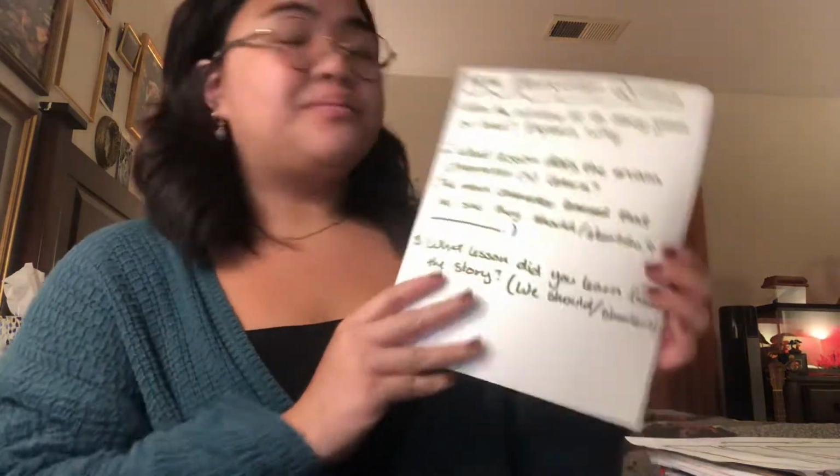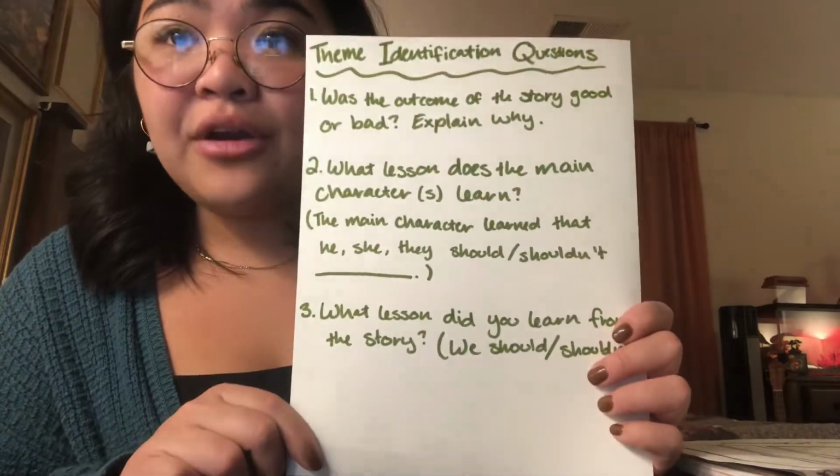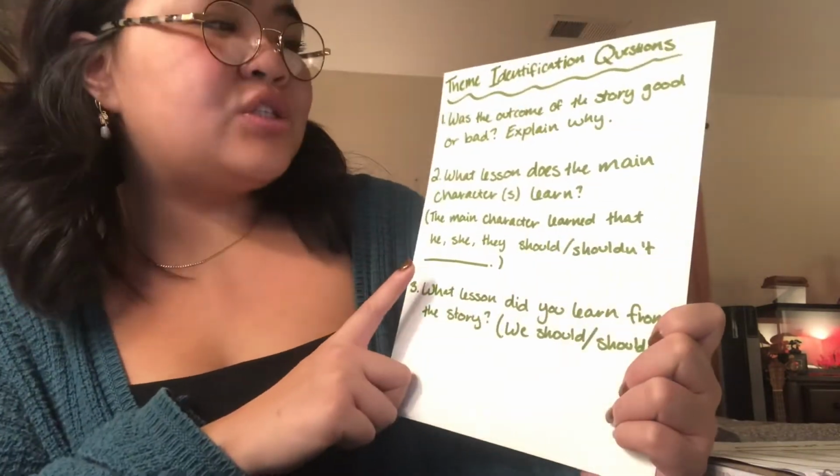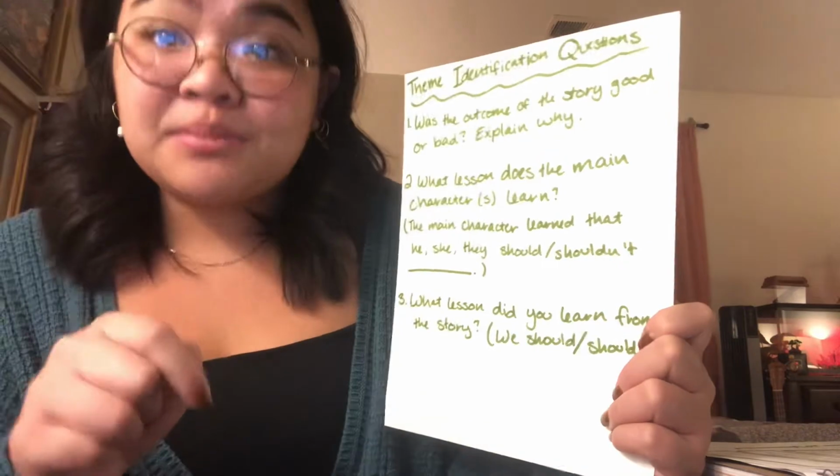Remember how I said that finding the theme is sometimes like digging for treasure? Now I'm going to show you how to identify the theme of the story by asking and answering 3 questions. So looking at our questions, number 1, was the outcome of the story good or bad? Explain why.